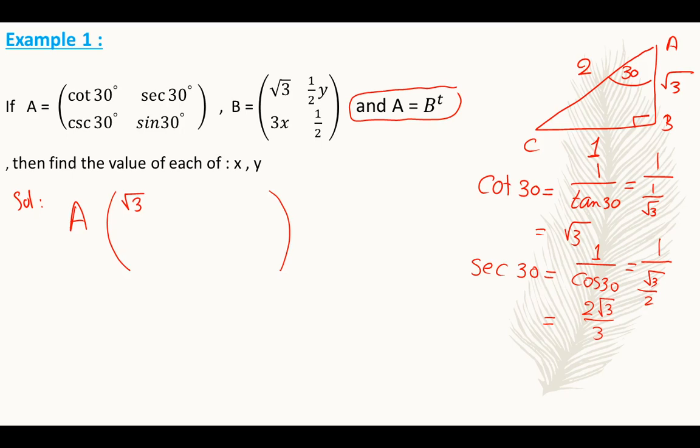Multiply up and down by root 3, and it will be equal to 2 root 3 over 3. So sec 30 equals 2 root 3 over 3.